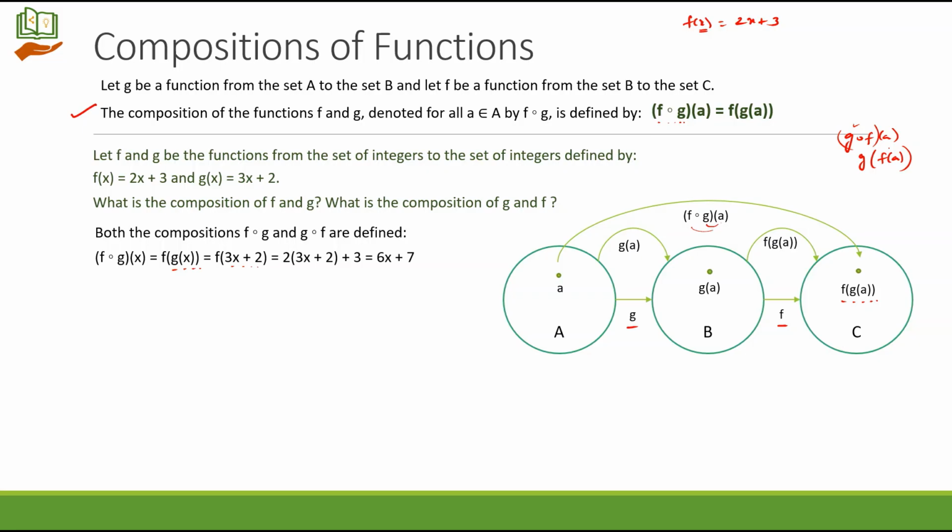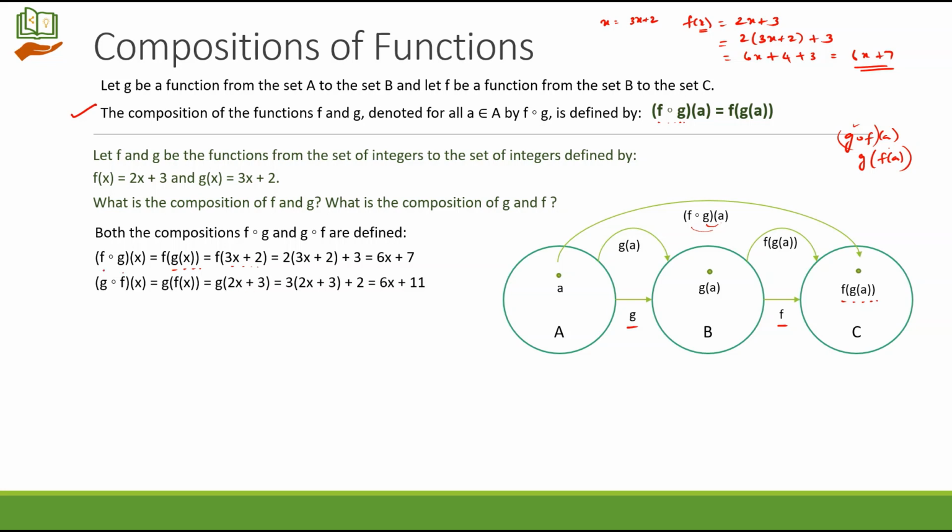What is in the place of x here? x is equal to 3x plus 2. So instead of x we should have 2 into 3x plus 2, plus 3. What is 2 into 3x? It is 6x. 2 into 2 is 4. So this is plus 4 plus 3. So overall you will have 6x plus 7 as the answer. This is the composition of f and g.